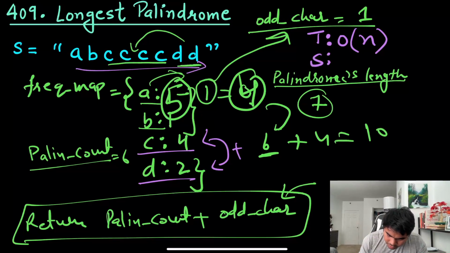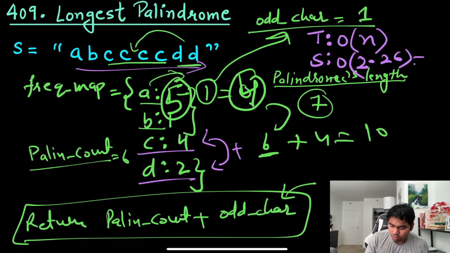And space complexity, even if everything was unique, I would still be storing the counts, so at max 52, or constant, because it's lowercase or uppercase, 2 times 26. That's the max space I will be using.